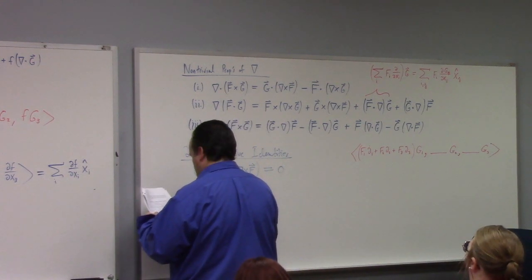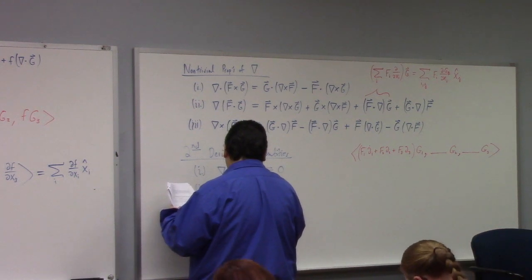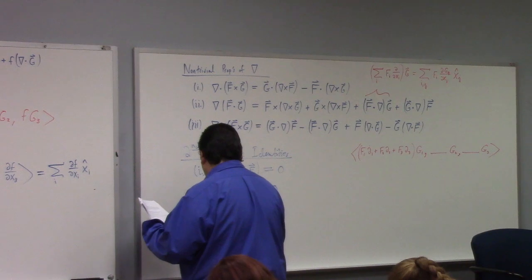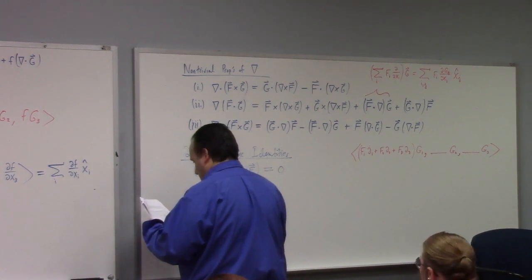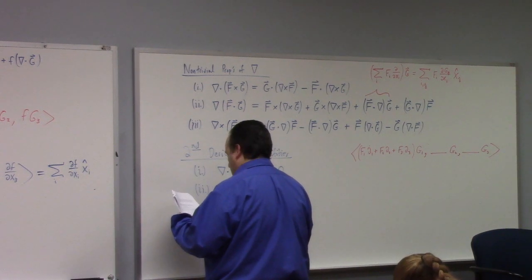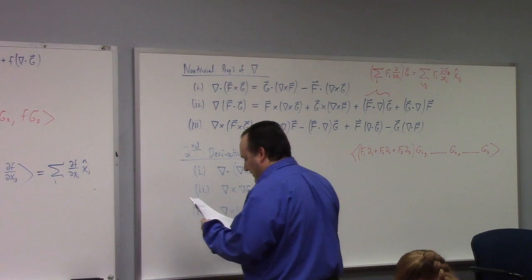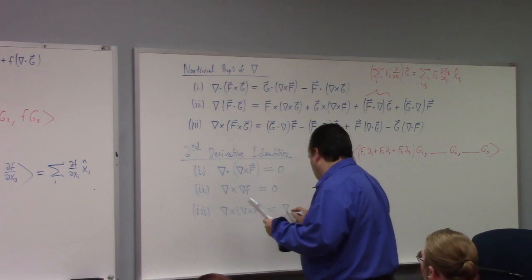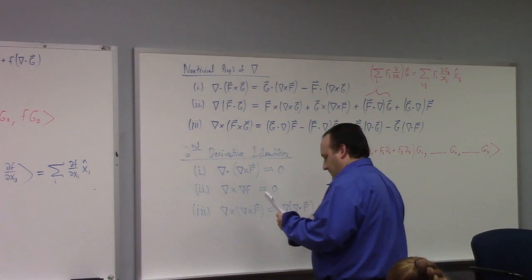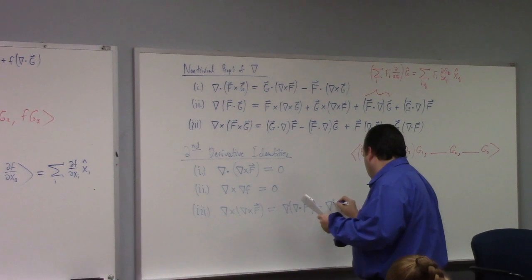Number 2, the curl of a gradient is 0. And number 3, the curl of a curl, it's not 0, but it's something. The something that it is, is the gradient of the divergence minus what's called the Laplacian, nabla squared of f.